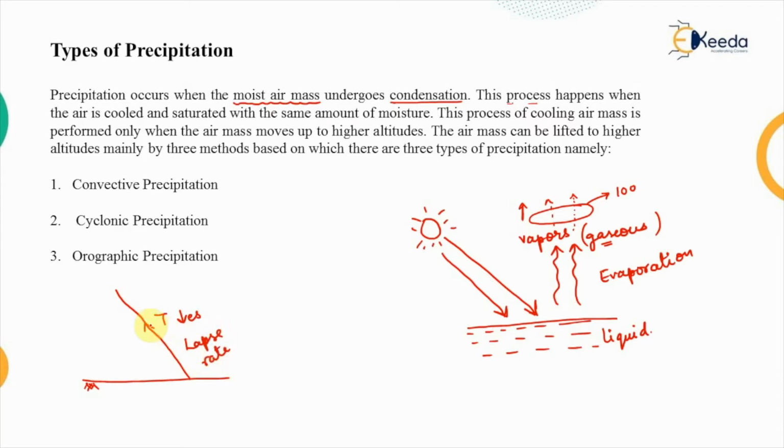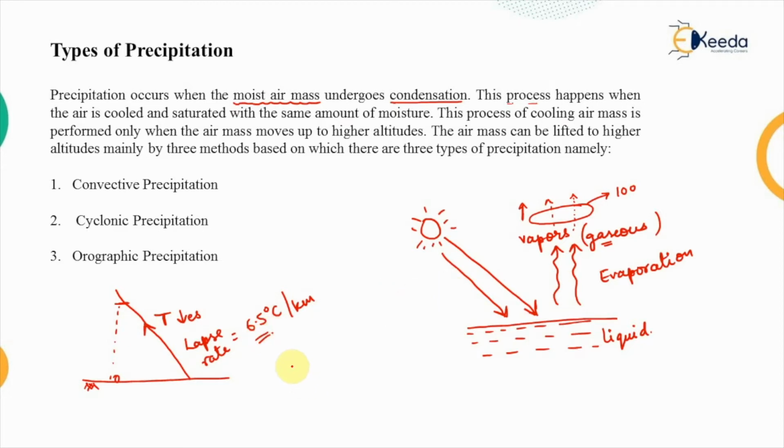That means by how many degrees the temperature decreases when we ascend a certain height, and that rate is usually 6.5 degrees centigrade per kilometer. If this is the zero point, then 1 kilometer above, the temperature difference would be 6.5 degrees.